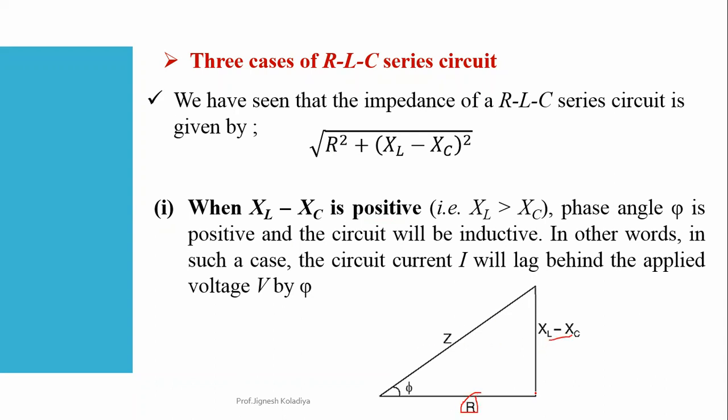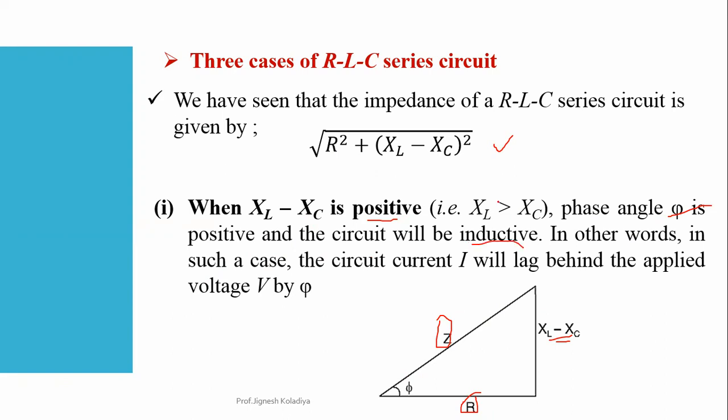So R, XL minus XC, as it is positive, is drawn like this, and the phasor sum of these two gives me the impedance. So you can find Z is equal to square root of R square plus (XL minus XC) whole square, just like this. So when XL minus XC is positive, phase angle phi is positive and the circuit will be inductive.